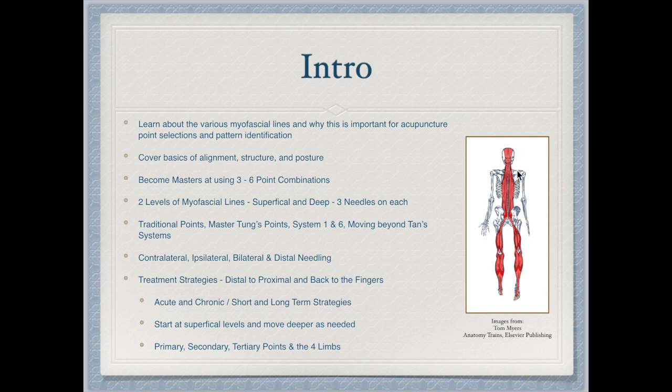So if you start with points that work on the superficial levels, then you can clear that level out. You can know that you worked on it, and if you get a great response, that's what we want. Excellent. Then if you don't get a good response, then you can develop the system of moving to using points that work at a deeper level and then see what response you get.